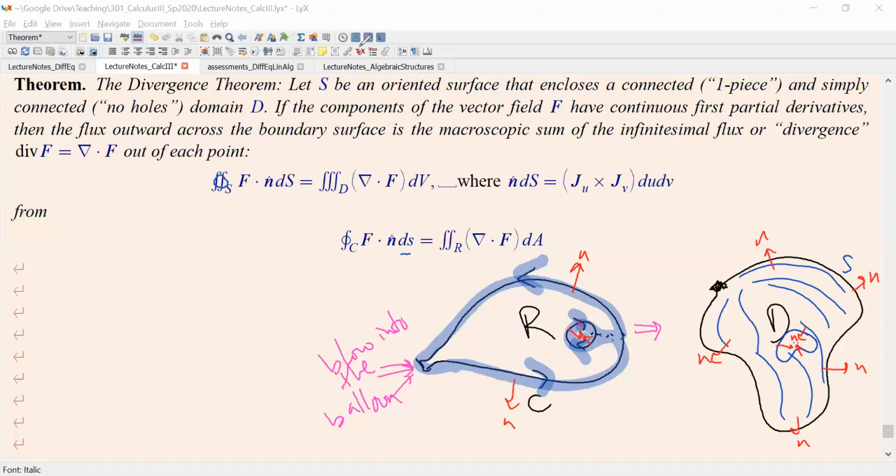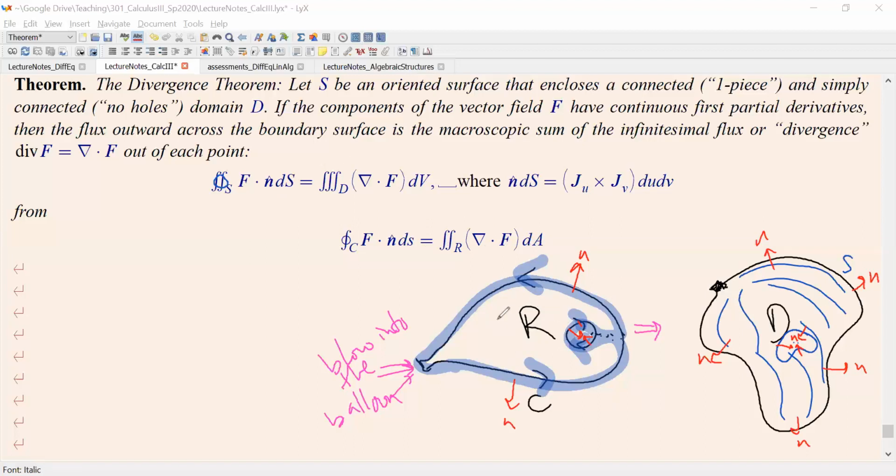So that's the left. The right-hand side starts out as being the double integral over the region of the divergence of the field at every single point. So when we have this flattened, deflated balloon, we're integrating the divergence two-dimensionally out of each point.